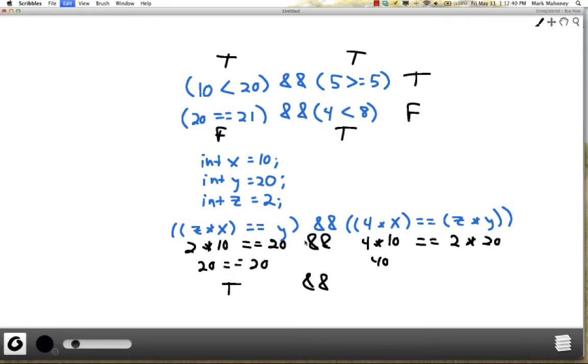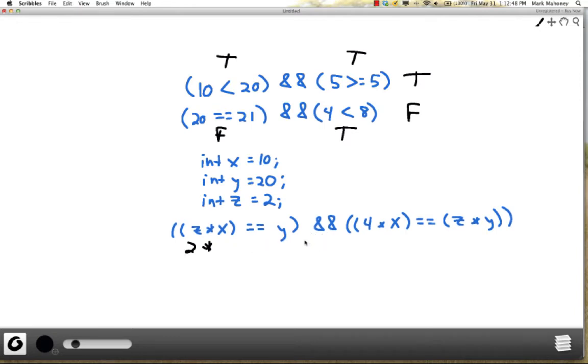Let me put a different value in for x just to show you a false value. Instead of 10, maybe we'll put in the value 100 for x. So let's do this again, and this time x is equal to 100. So z times x, 2 times 100, is that equal to 20?